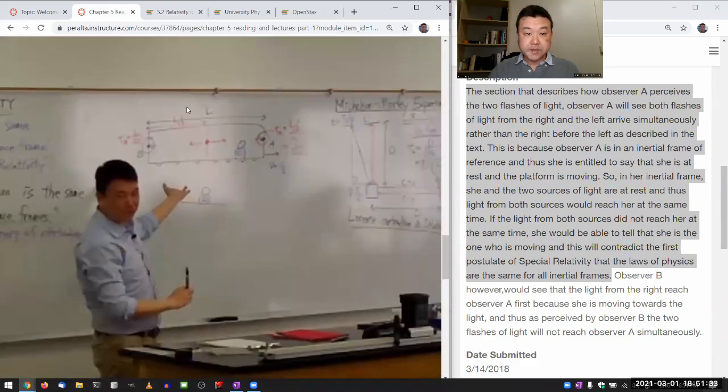This setup is something that can be used to trigger these two lamps simultaneously in the train's reference frame.